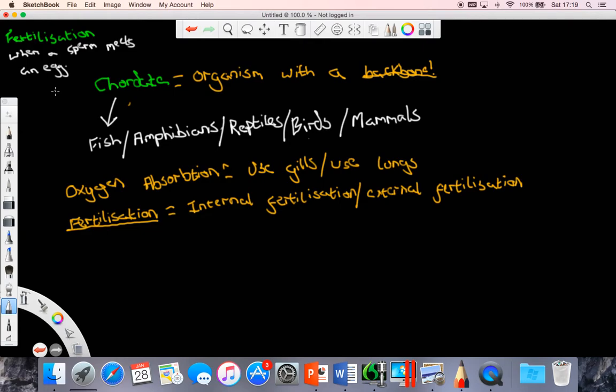Another way in which chordatas can be separated is by the way they actually reproduce. So we've got fertilization where the sperm meets the egg. Sometimes it happens inside, sometimes it happens outside of the organism. But we've also got ways in which they reproduce. So reproduction.